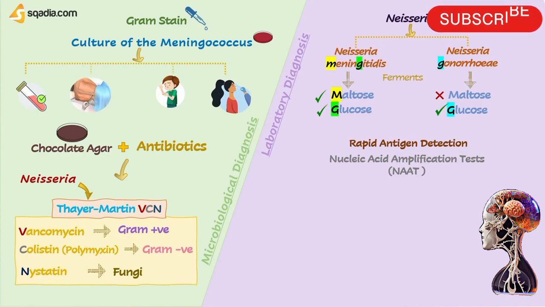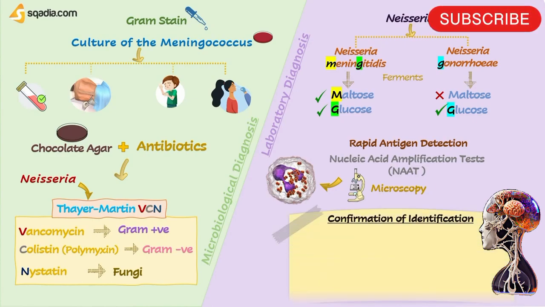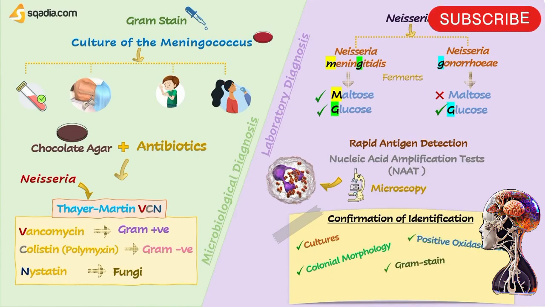Rapid antigen detection, or nucleic acid amplification tests on CSF and blood are sensitive and reliable, while the provisional identification is by microscopy, when kidney-shaped gram-negative cocci are seen within polymorphonucleocytes. Confirmation of identification is based on cultures, colonial morphology, gram stain appearance, positive oxidase test, and biochemical reactions, including carbohydrate fermentation we discussed.